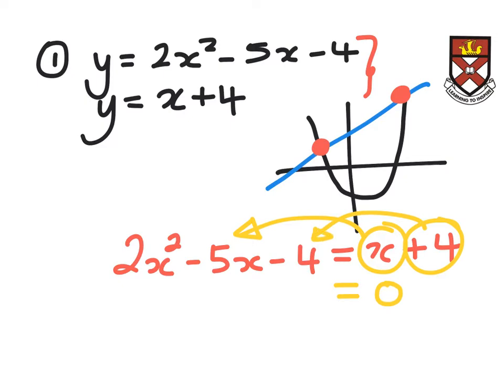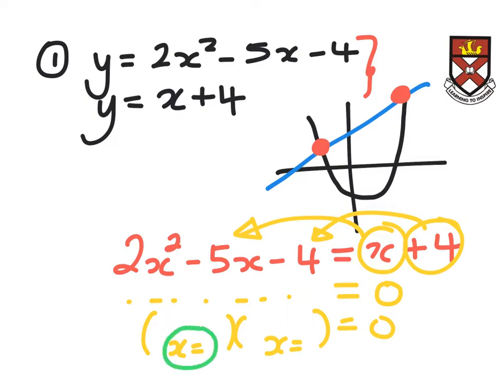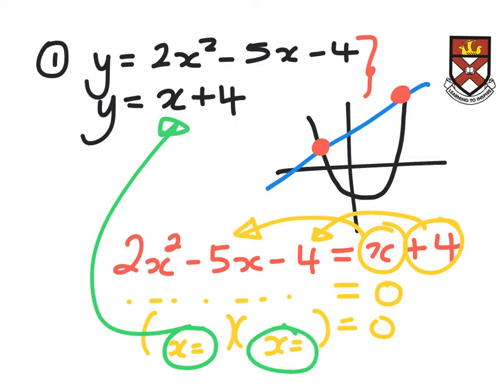So you end up with a quadratic here, which you then factorise, which lets you find the x numbers. Once you've found those x numbers, you also need to find the y numbers, so you take that x and you plug it back in this formula. You then take that x and also plug it back into that formula.